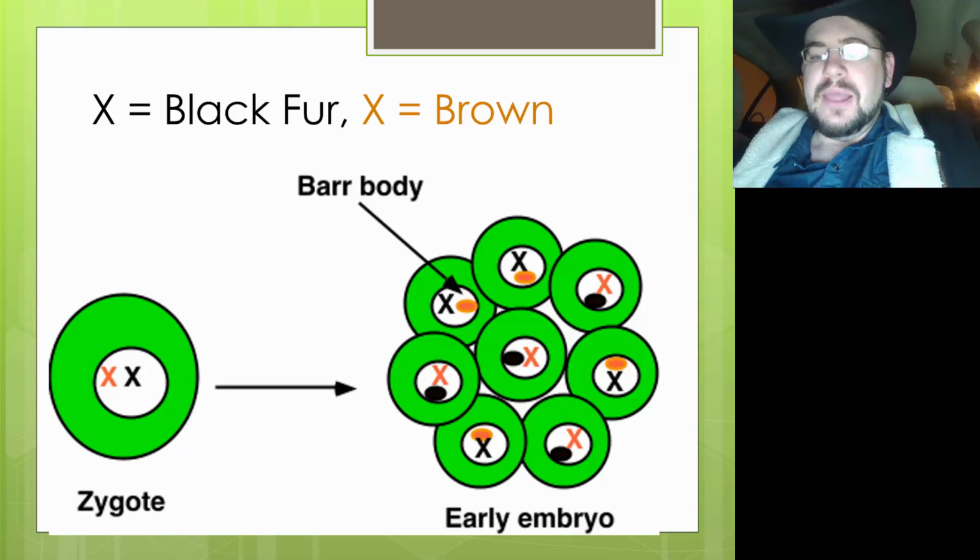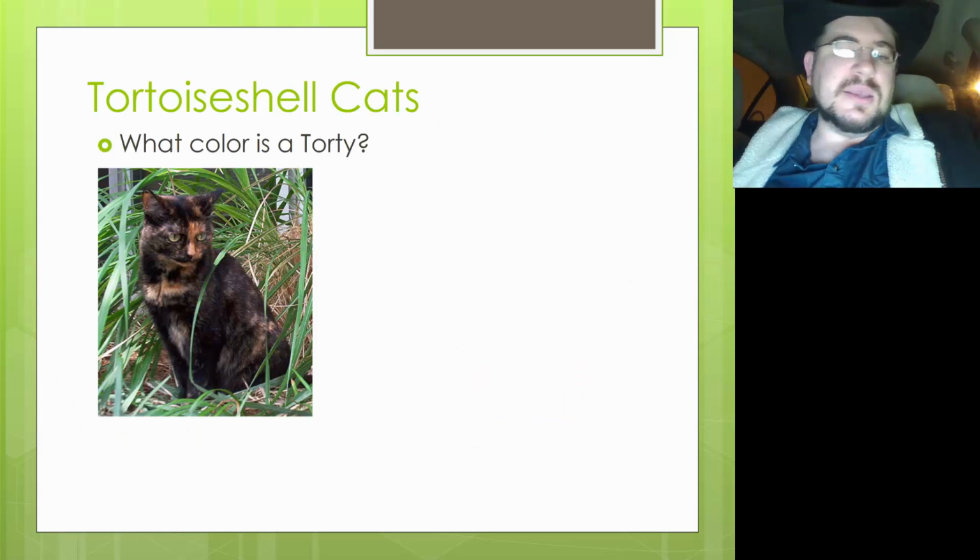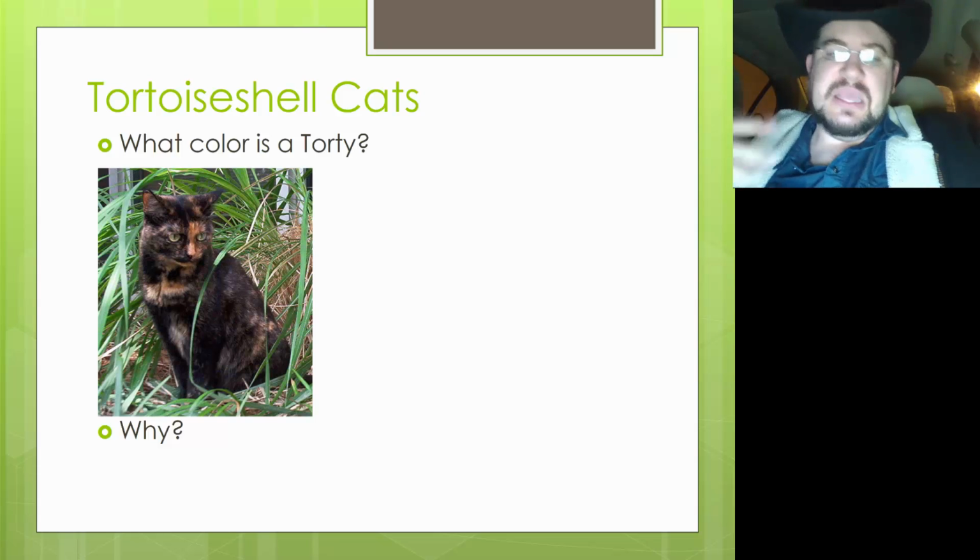So, Barr body inactivation and torties. So, there you go. Beautiful. It's brown and orange in random patterns because at some point during embryonic development, different lines that produce different parts of the skin had either the black fur or the brown fur X chromosome inactivated, turned into a Barr body.